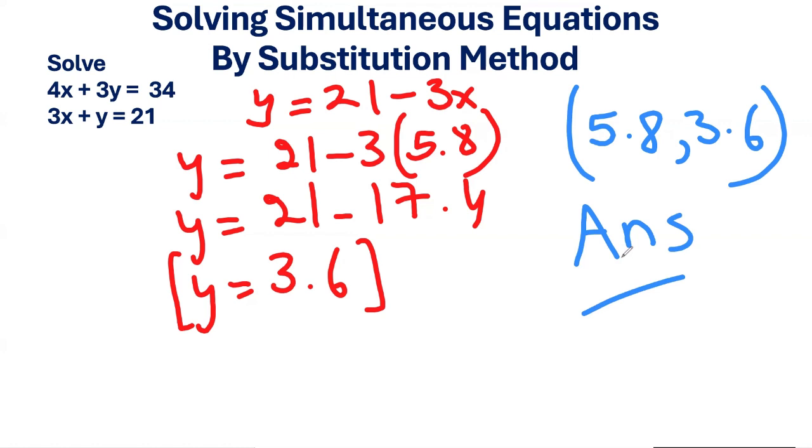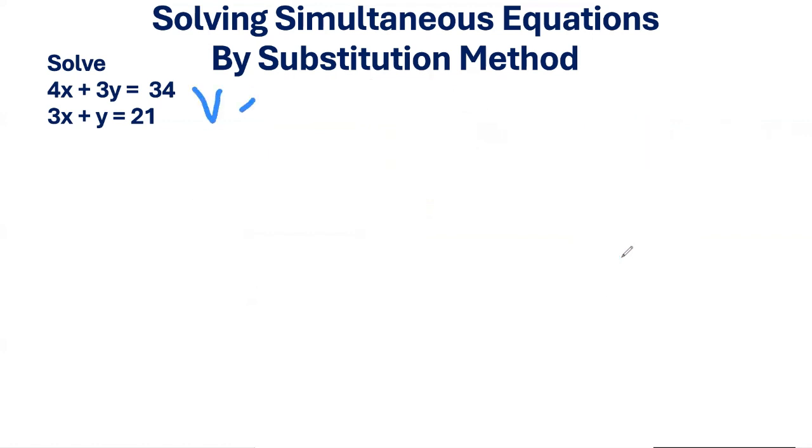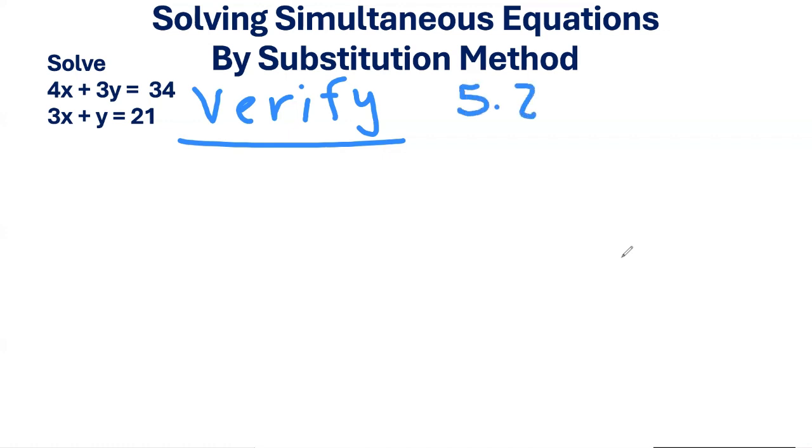Now you have to do verification. So let's do verification now. You have to verify the given answer. The answer which you have just completed is 5.8, this is the value of x, and 3.6, this is the value of y.